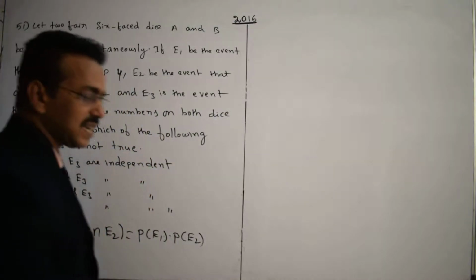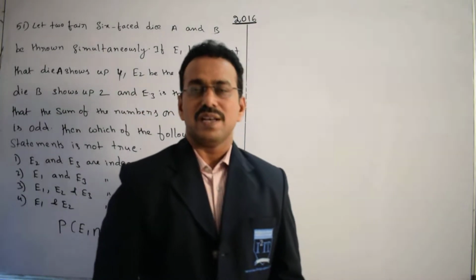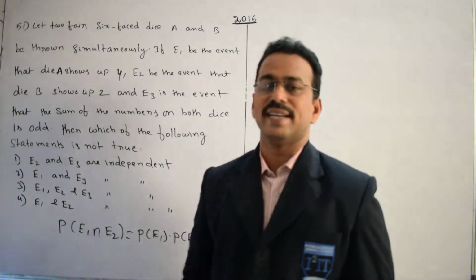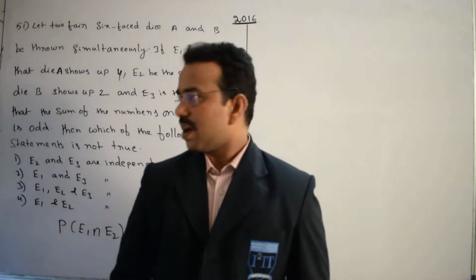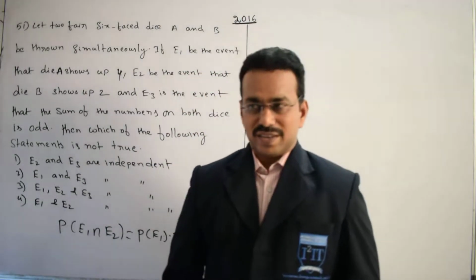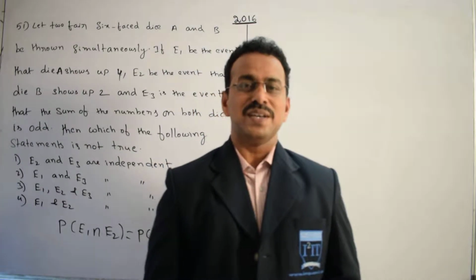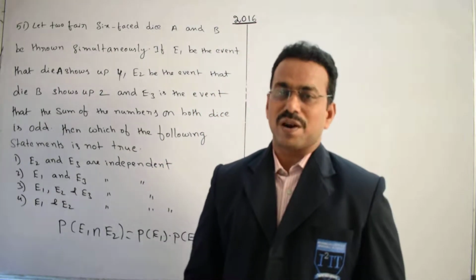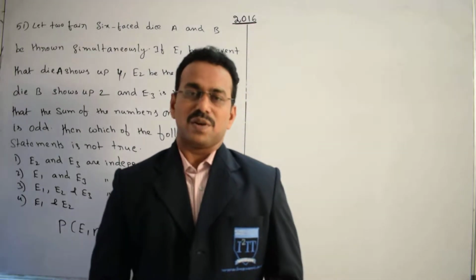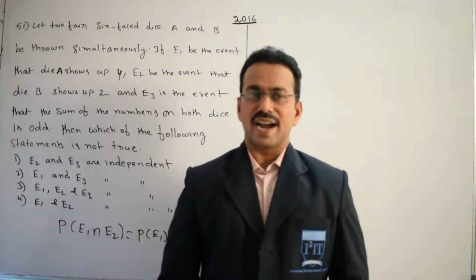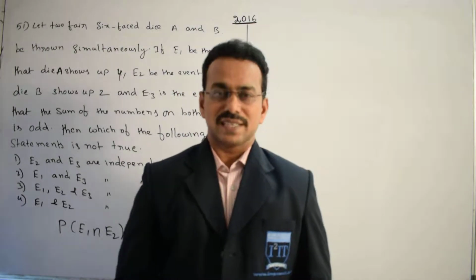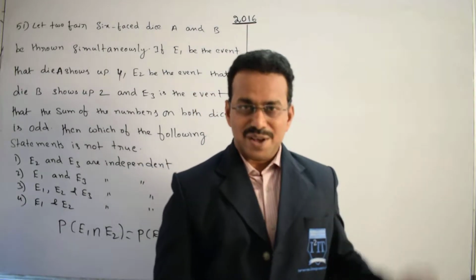If this condition is satisfied, then you can show the events E1 and E2 are independent. So now we need to calculate probability of E1, probability of E2, probability of E3, and also probability of E1 intersection E2, probability of E2 intersection E3, and finally probability of E1 intersection E3. Now let's calculate one by one.